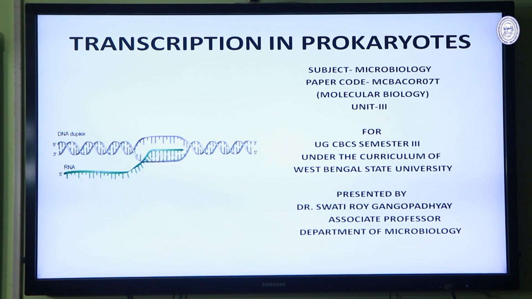The RNA polymerase moves along the template, the RNA chain elongates, and ultimately the RNA polymerase reaches the end of the gene, which we call the terminator site, and the newly synthesized RNA chain, which we call the nascent RNA, is separated from the DNA template.